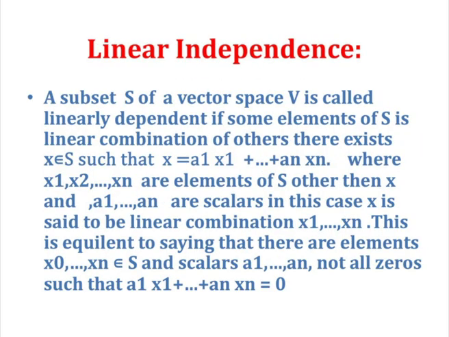This leads to the concepts of dependence and independence in a vector space. Linear independence. A subset S of a vector space V is called linearly dependent if some element of S is a linear combination of others.